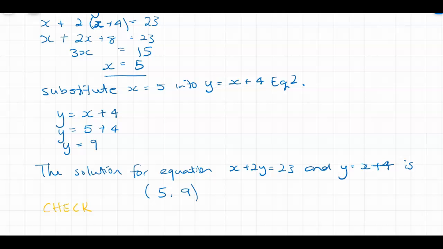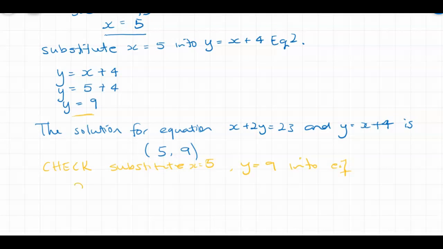Let's substitute 5 and 9 into equation 1 and see if we get the right answer. We choose equation 1 because the other one was quite simple and it wouldn't be as good a check. So substitute x equals 5 and y equals 9 into equation 1. Equation 1 was x plus 2y equals 23.